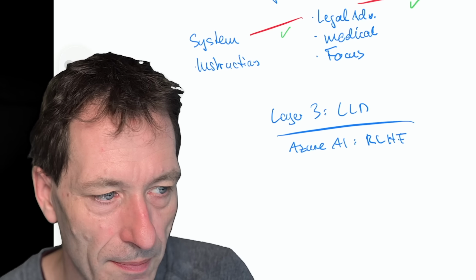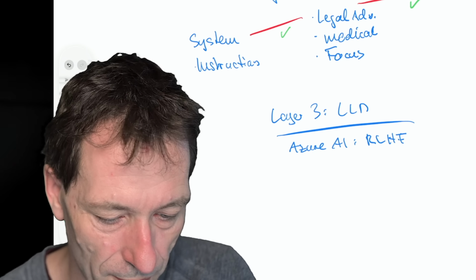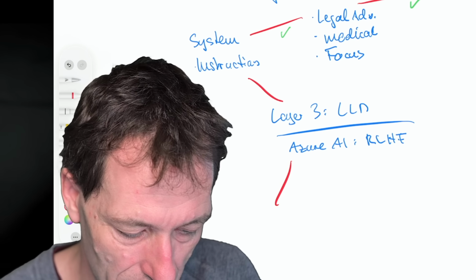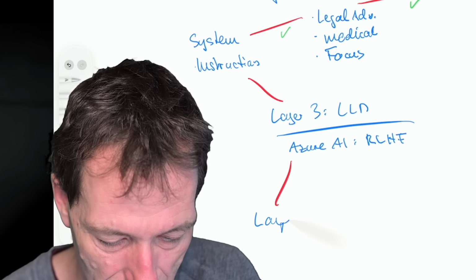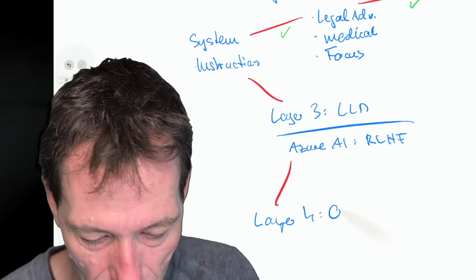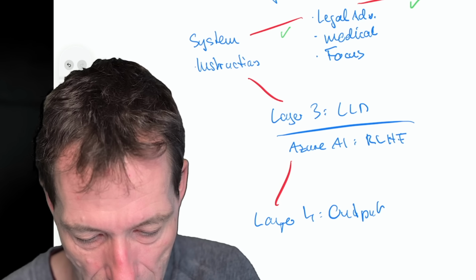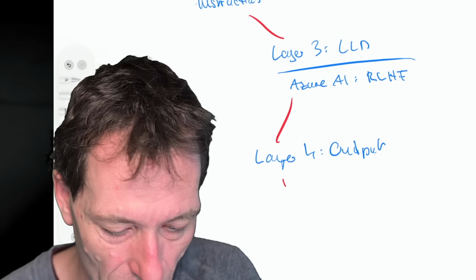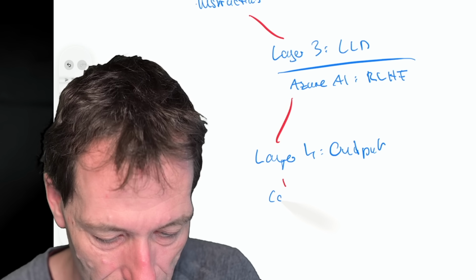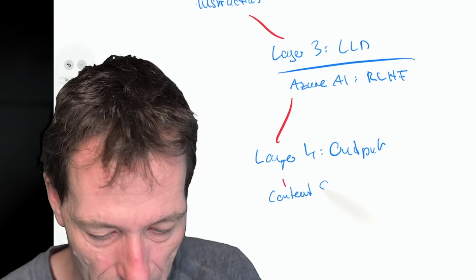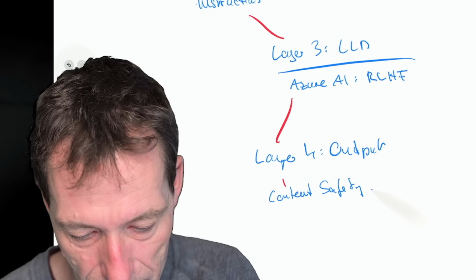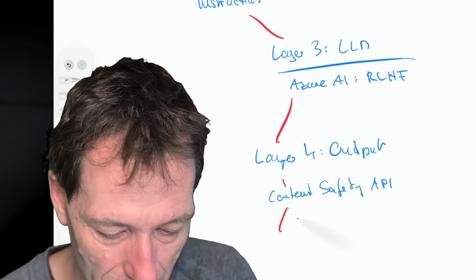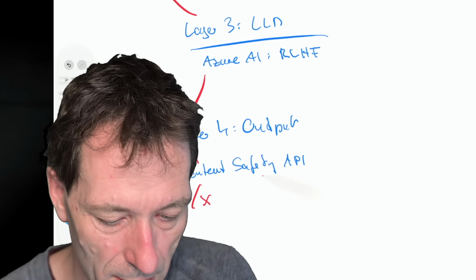And layer 4 is the output filter. So your output then is assembled. The response is again sent through the content safety API. There it can be blocked again, or it's okay.